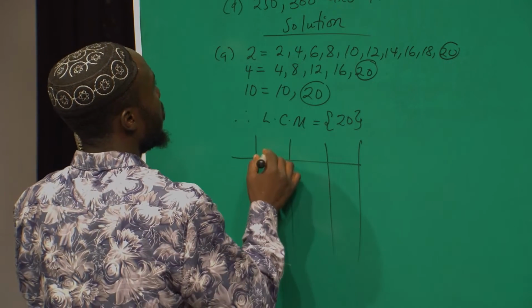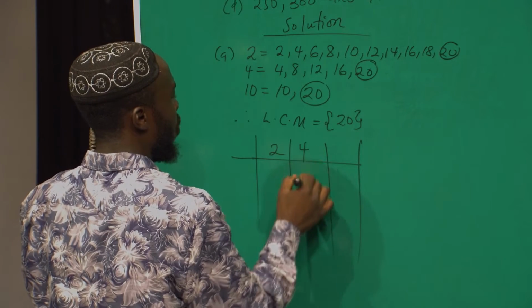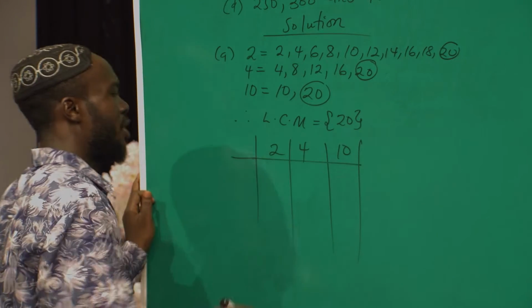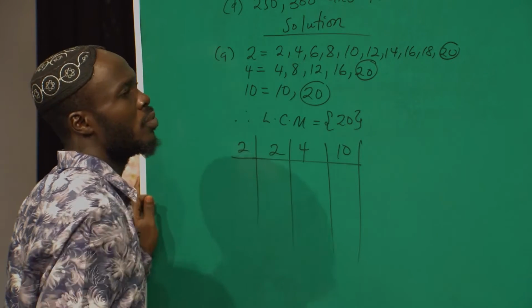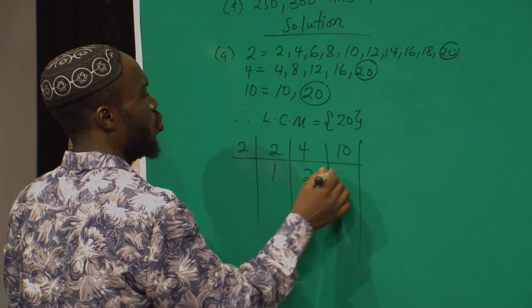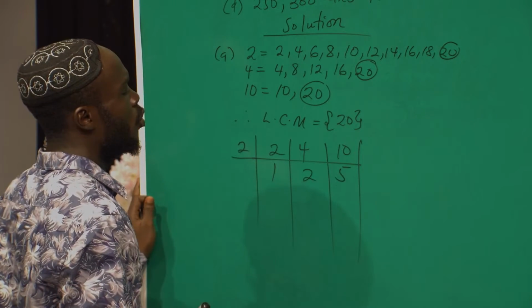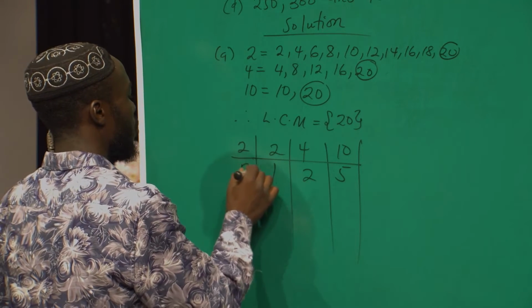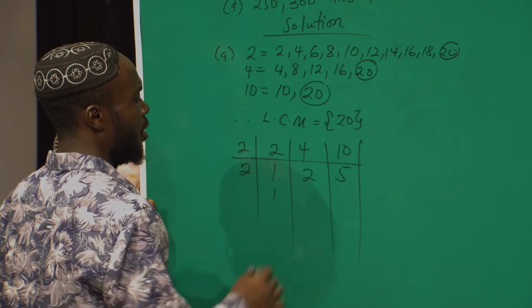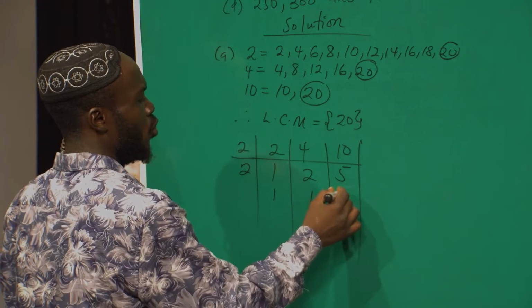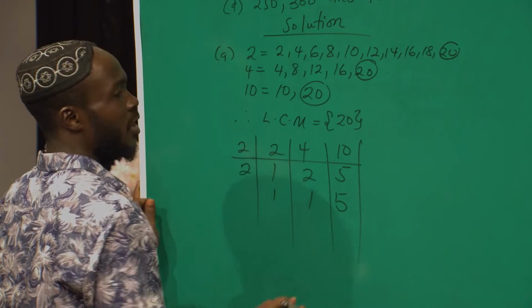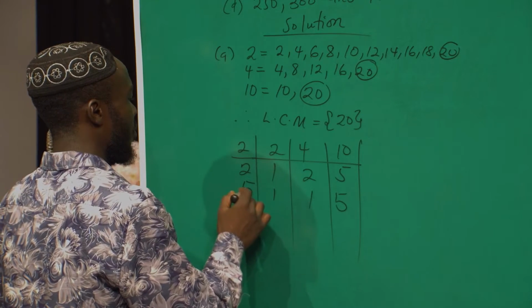So we have 2, we have 4, we have 10. So we start with the first prime number, which is 2. 2 goes into 2 once, 2 goes into 4 twice, 2 goes into 10 five times. Can the same 2 do the job? Yes, here. 2 can't go into 1, so I repeat, goes into 2. 1 can't go into 5, so I repeat. And definitely the next prime number is what? 5.